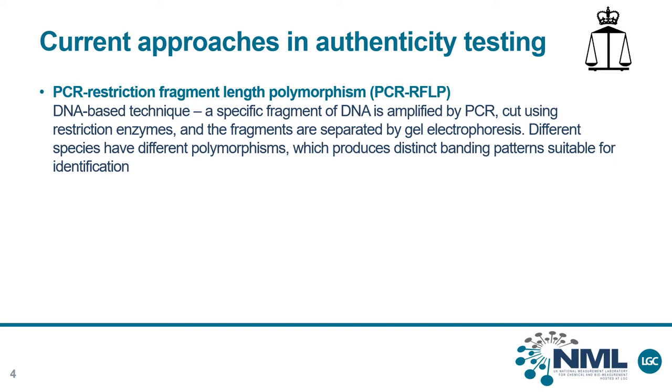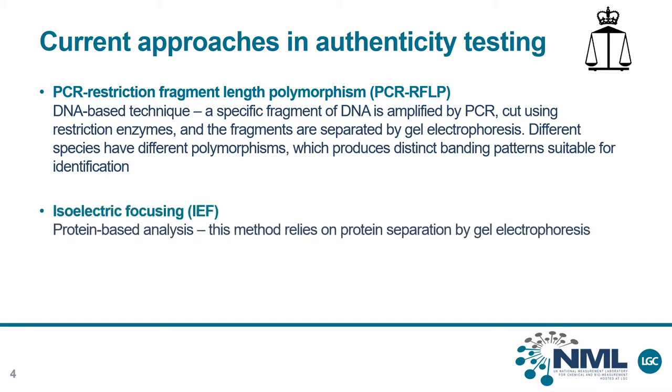The resulting fragments will differ in size between species due to polymorphisms, and can be separated by gel electrophoresis to produce a specific and identifiable banding pattern. According to a survey conducted as part of the Labelfish project, this is the most commonly used method for fish speciation in UK testing laboratories.